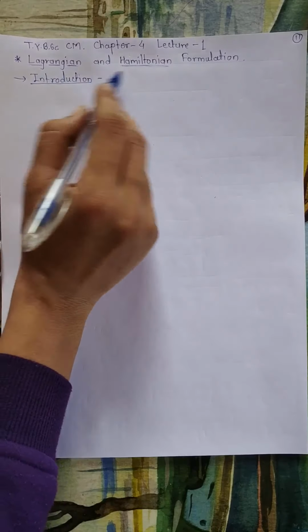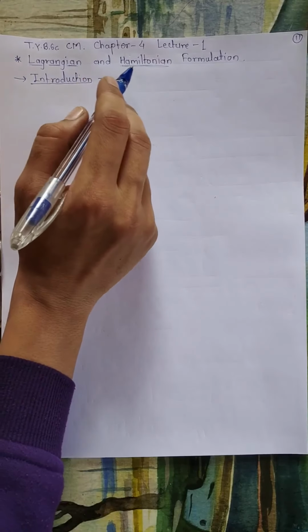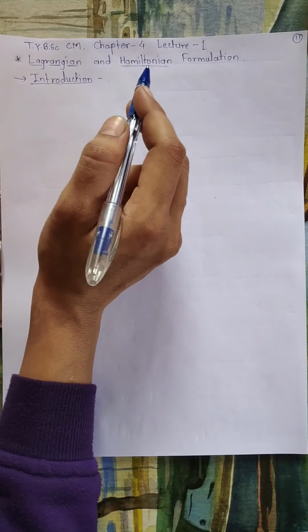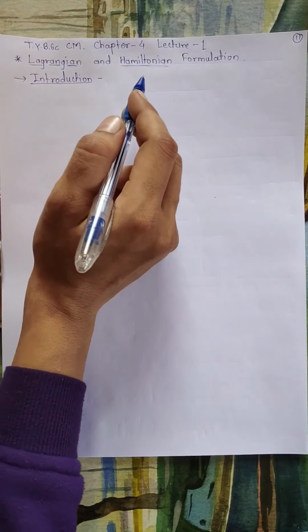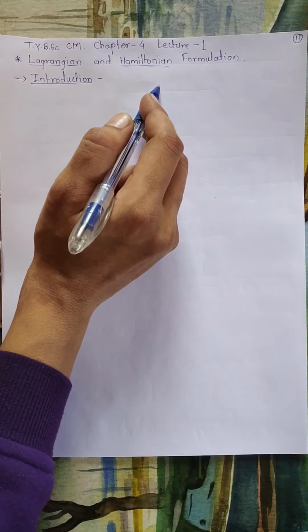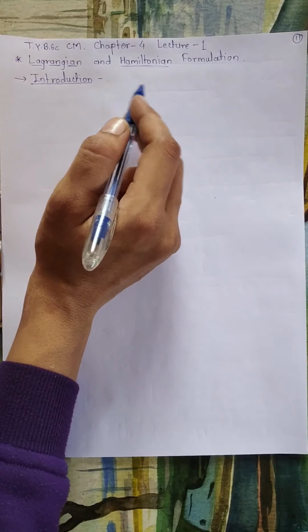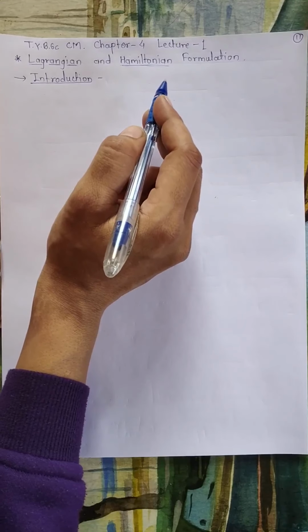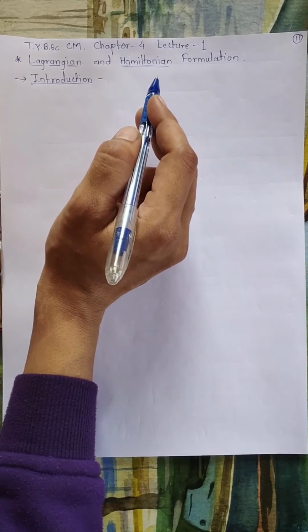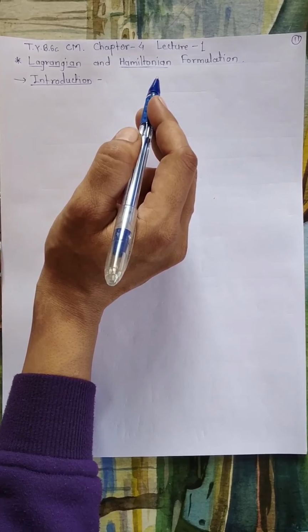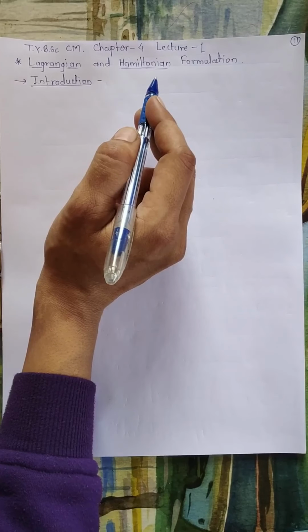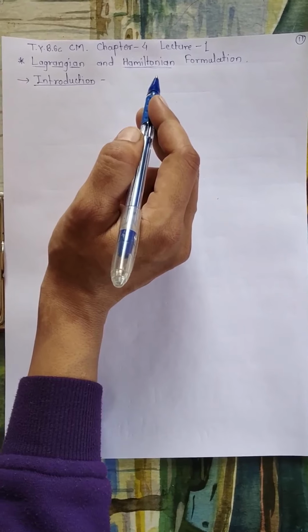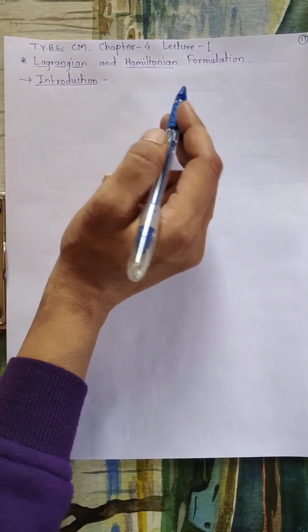These two formulations give us a very general nature and make use of generalized coordinates and generalized velocities which are independent of the coordinate system. So it gets easy for us to solve the equation of motion. Therefore, we take the help of these formulations.